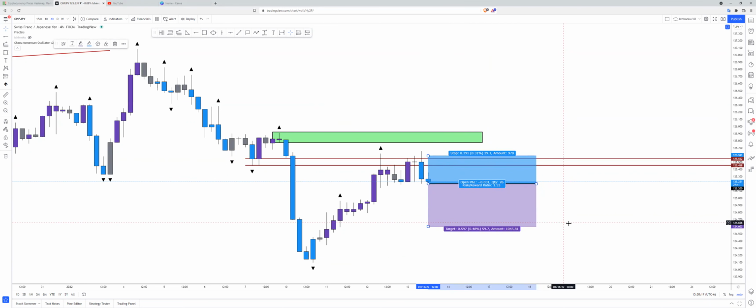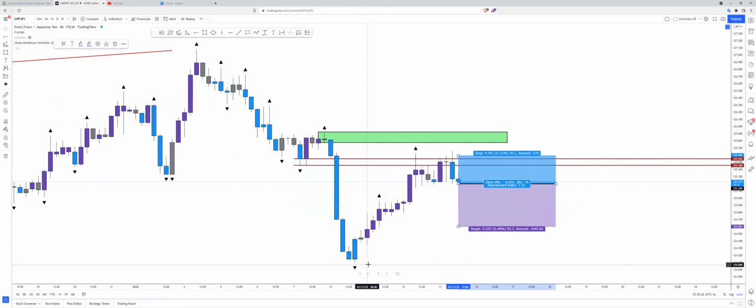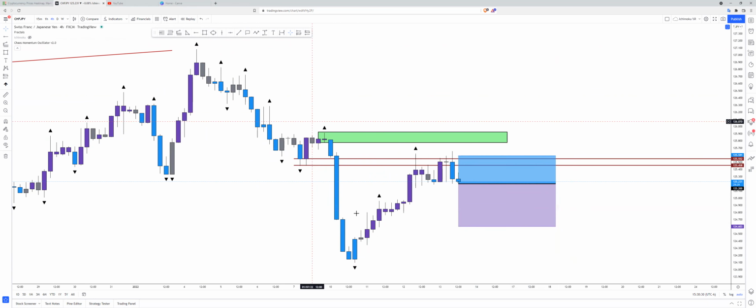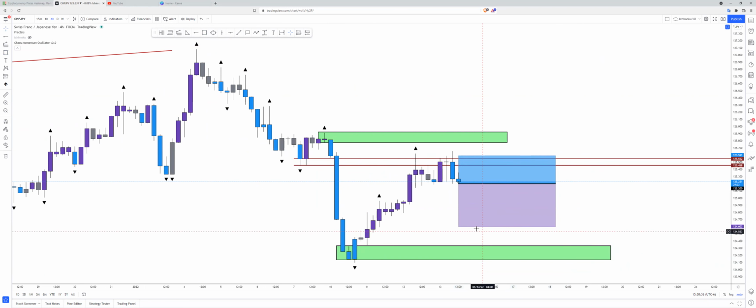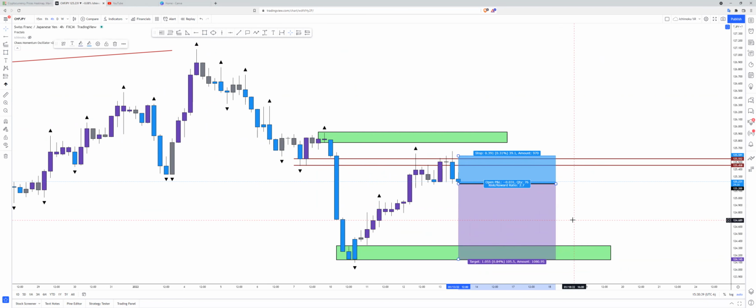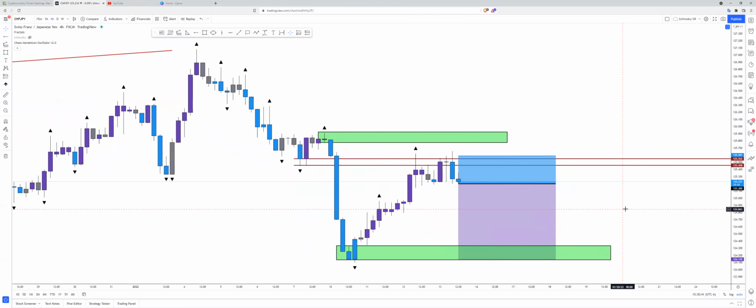Stop loss will be, how many pips is that? Looks like a 39 pip stop loss. And then the next order block area is down in here on the 4 hour. So this is how I would look to take the trade right here. This would be the trade setup.